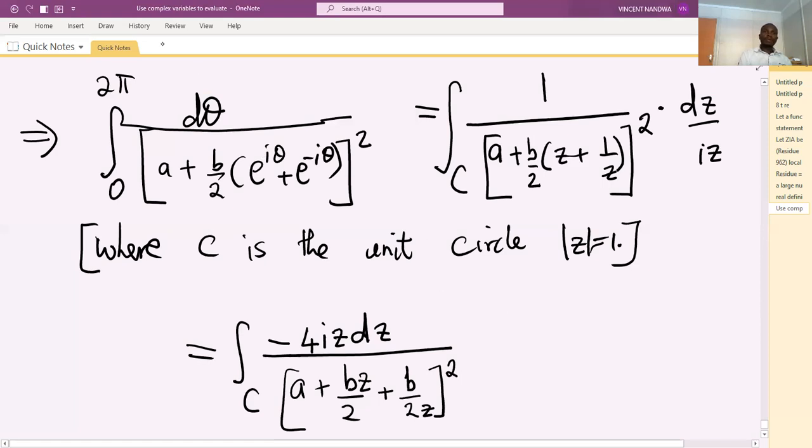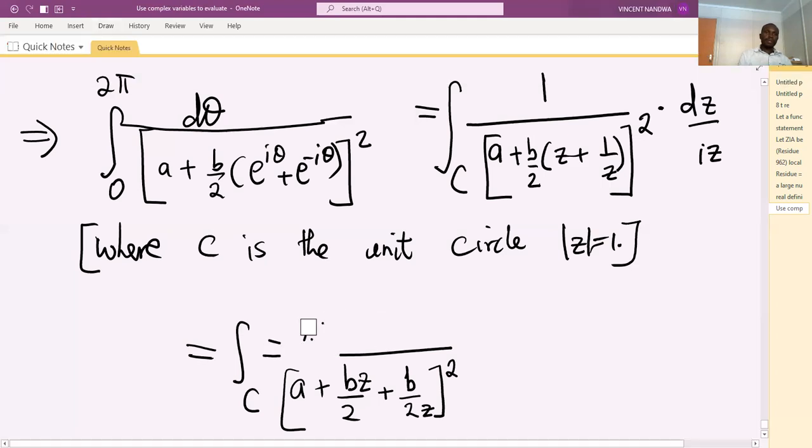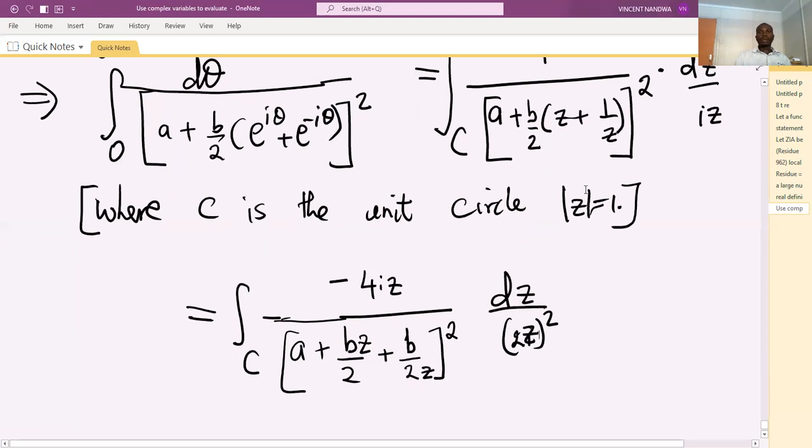And then we can actually write this as, instead of writing the dz at this point here, we have minus 4iz, then dz over (2z) squared. So that's how we can write this given integral here.